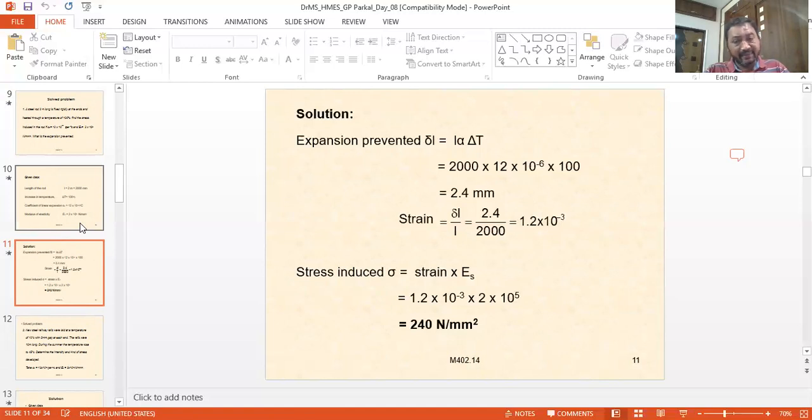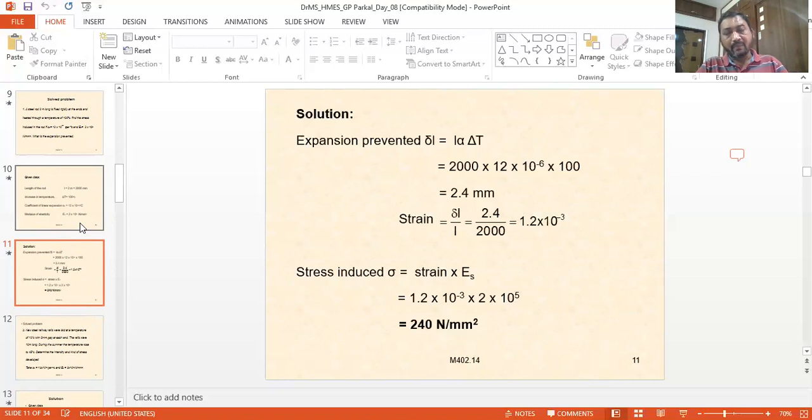The strain is nothing but the ratio of delta L by L. In the given problem both ends are fixed and the expansion is prevented. So we'll find out the amount of increase in length if the bar would have been allowed to expand freely.